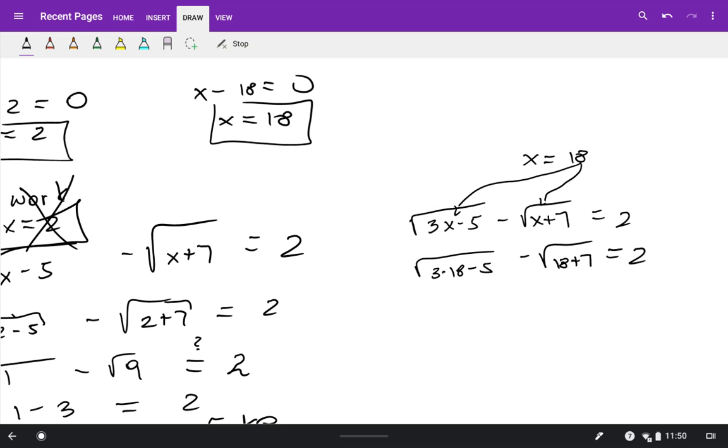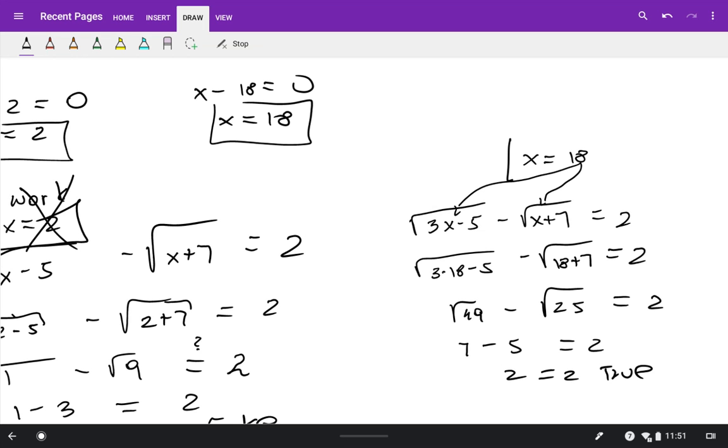And we have 3 times 18 minus 5, so we have 54 minus 5, we're having square root of 49 minus square root of 18 plus 7, which is square root of 25. Let's check if this is 2. So you're getting 7 minus 5. We're getting 2 equal 2. This is true. So x equal 18 is the solution.